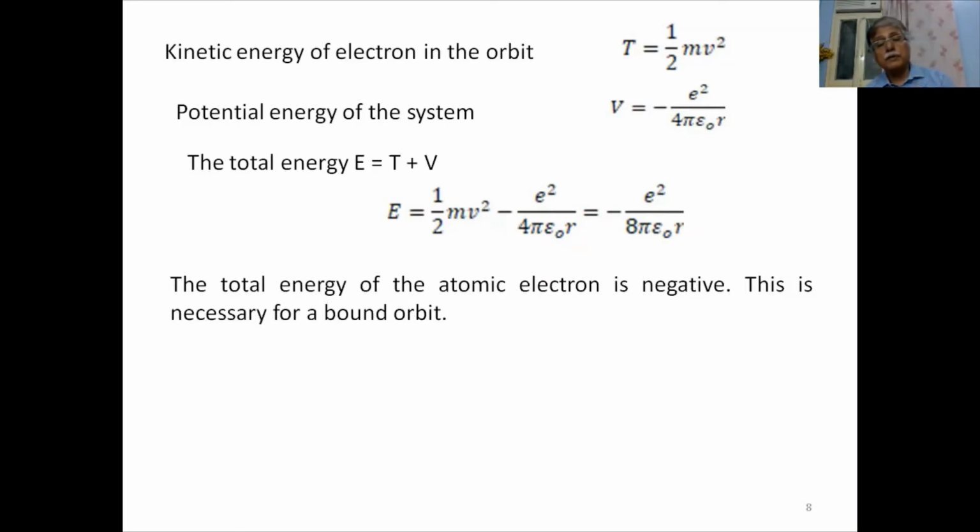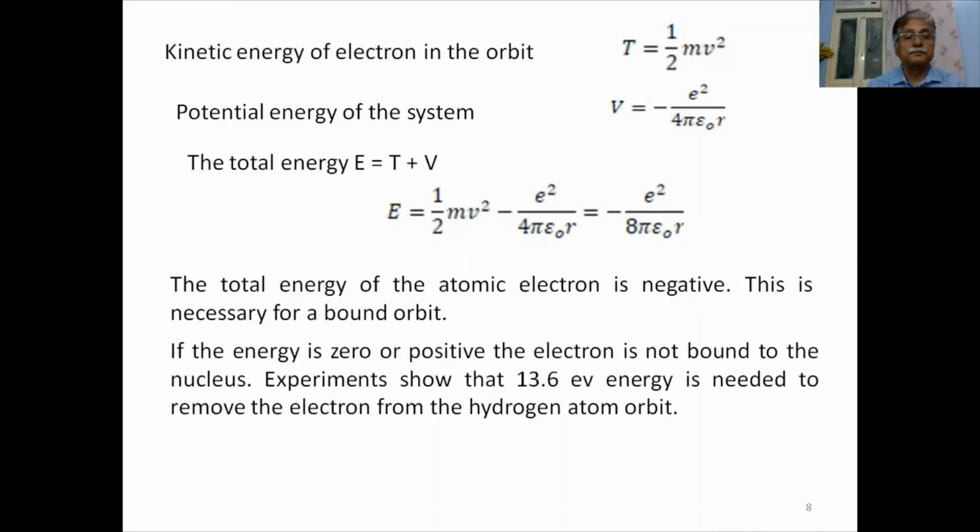Now, if the total energy of the system is negative, it is a bound orbit. If the total energy is positive, it is an unbound orbit, and the electron would not be bound to the orbit or to the nucleus. This is certainly a bound orbit we have here. If the energy becomes 0 or positive, the electron is not bound to the nucleus.